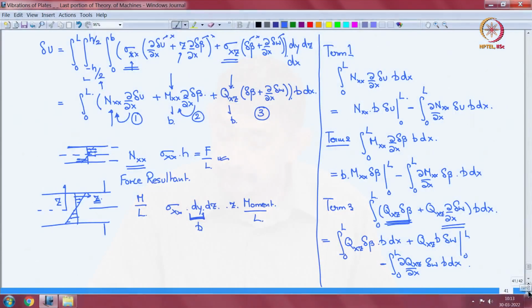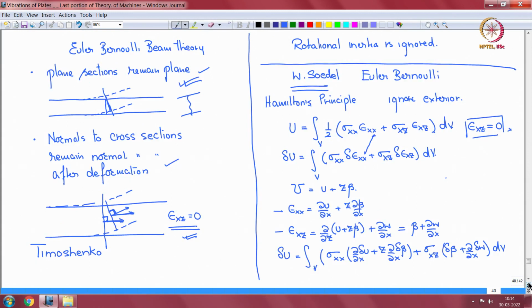So, last time we were deriving the Euler Bernoulli beam equation using Hamilton's law, and in particular I was doing it in the way that Sodel does in the book. He keeps the stress and strain terms that are relevant and does not impose the shear strain zero condition in the beginning.